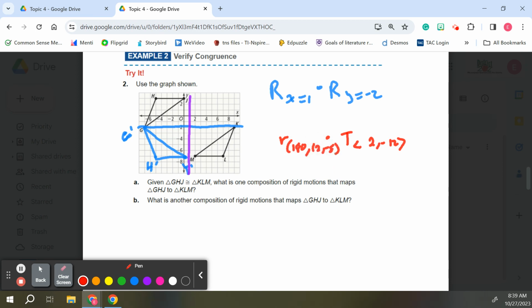That's another one. You can rotate this about the origin 180 degrees and then translate it down. Do you guys see how there are a bunch of ways this can be done, but you need to use your visualization, okay?